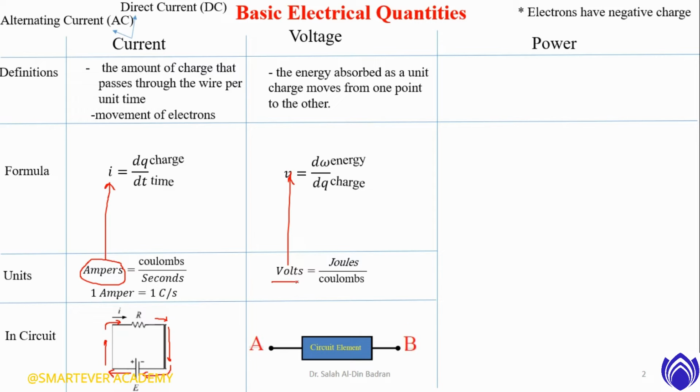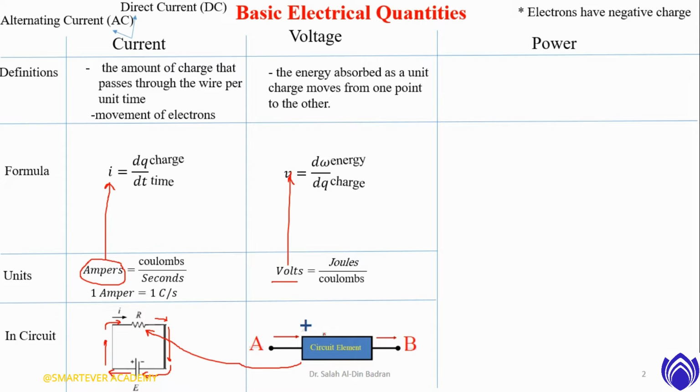In a circuit, imagine we have an element inside the circuit, this resistor, and a current passes through this element. When this current passes through this element, it leaves positive behind it.